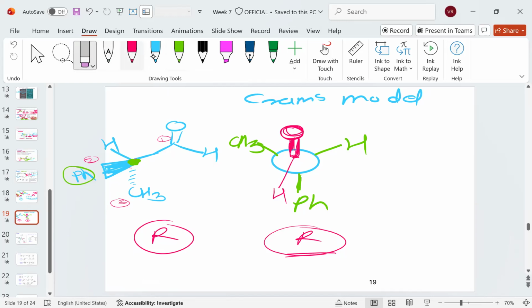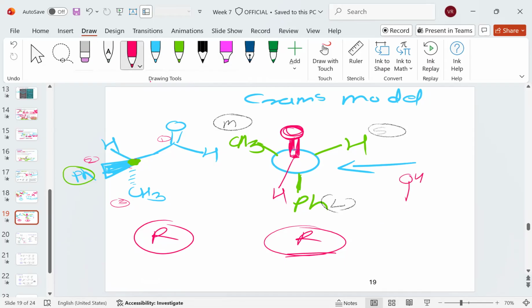Now do the attack. If you give the numbering, this is the larger group, this is the medium group, and this is the small group, right? Now from which side does the attack take place? If you look, the attack should take place from this side. And what do we get now? This will become OH. It's better to draw with these particular colors.